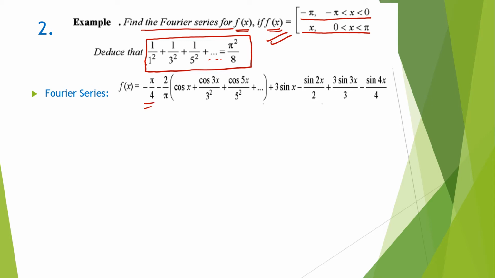First we have to calculate a naught, then by using an we get this term, and by using bn we get this term.